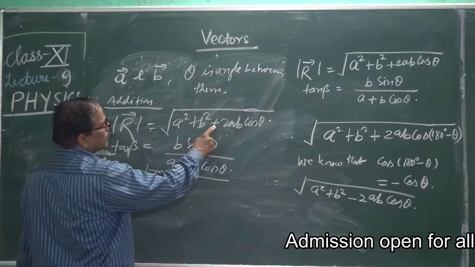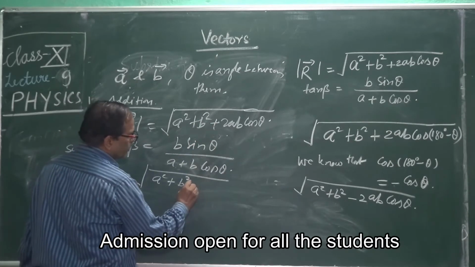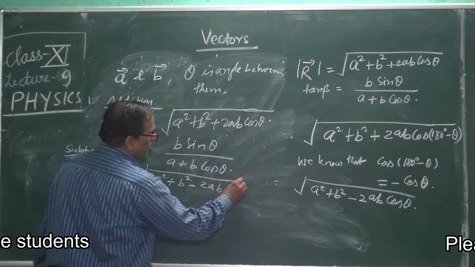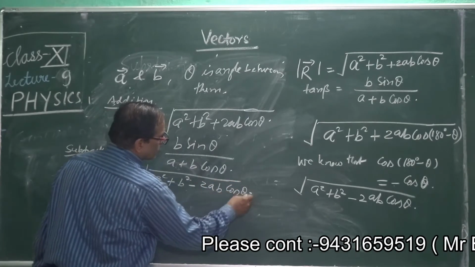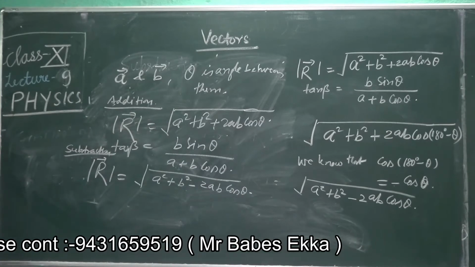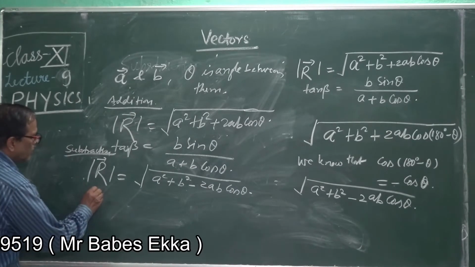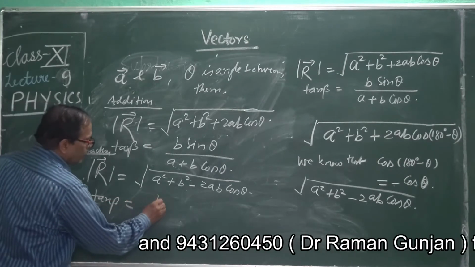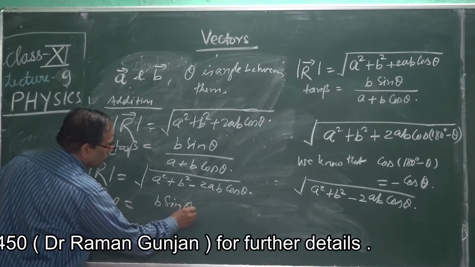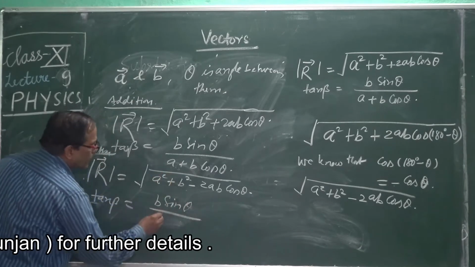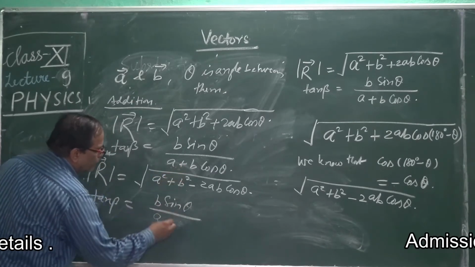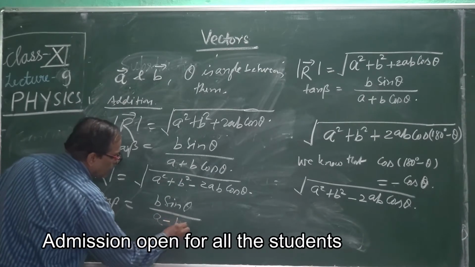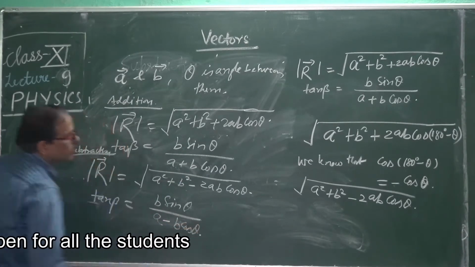In place of plus, we take minus, in 2AB cos theta. And also, in case of tan beta, we have B sin theta divided by A, in place of plus we take minus B cos theta.